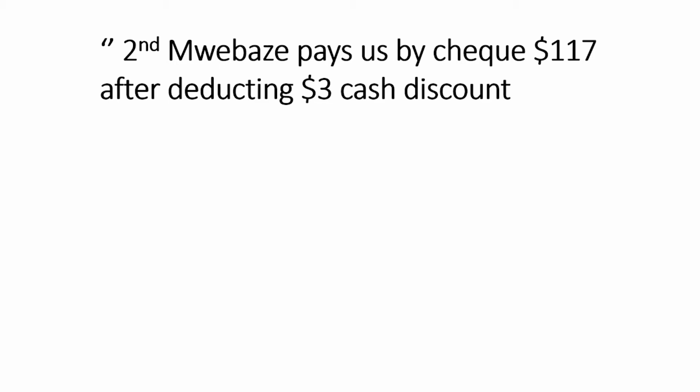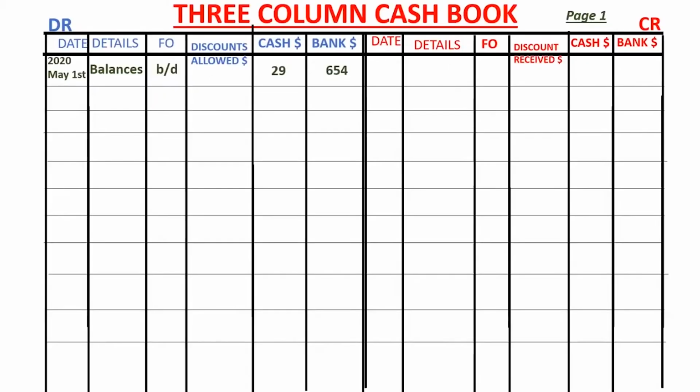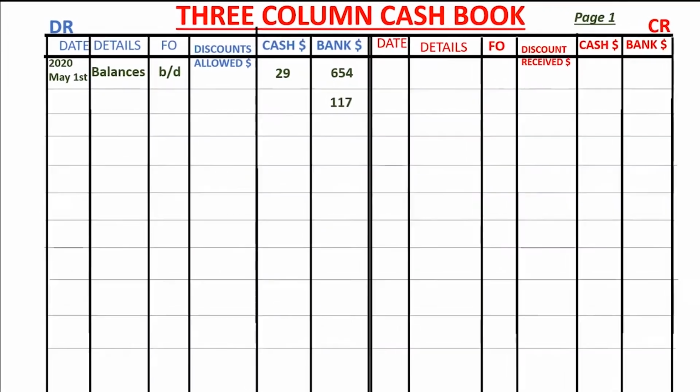Like I had mentioned in our previous session, whether money is paid by cash or in the bank, as long as there is an element of discount that is associated with the transaction, we regard it as a cash discount. So when we are paid by check, of course, it means that the amount of money in the bank has increased. So because the amount of money in the bank has increased, we go ahead and debit the bank account. That is, we debit the cash book by posting 117 in the bank column.